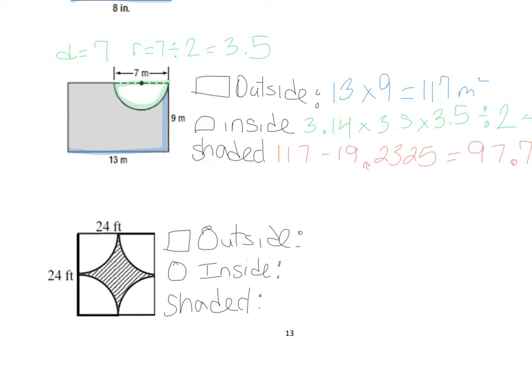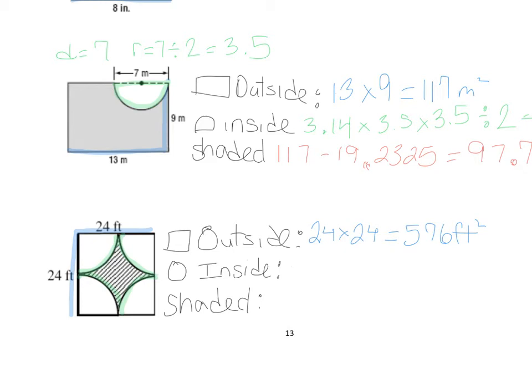So outside, we have a square that measures 24 times 24, and we know area of a square is length times width, so the total area is 576 feet squared. And then we know on the inside that if we were to take all of these 4 pieces together, and we were to rotate them 180 degrees, they would end up forming a circle.